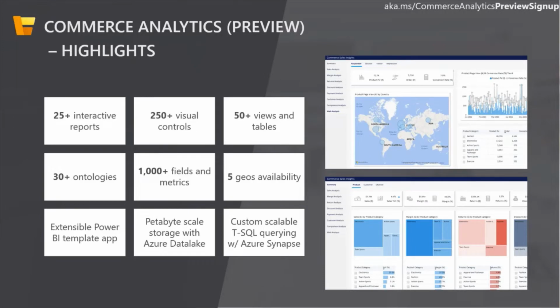So as a result, we're actually shipping over 24 interactive, rich Power BI reports with hundreds of visual controls, dozens of views and tables, and over 1,000 fields and metrics. This capability is all already available in 5 geographies worldwide and expanding as we speak.